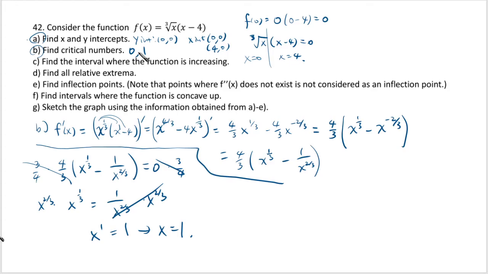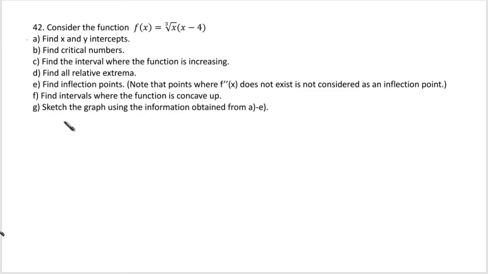Okay. Alright, so first let's copy this down. You have f prime of x equals 4/3 x to the 1/3 minus x to the negative 2/3, and the critical numbers were 0 and 1.